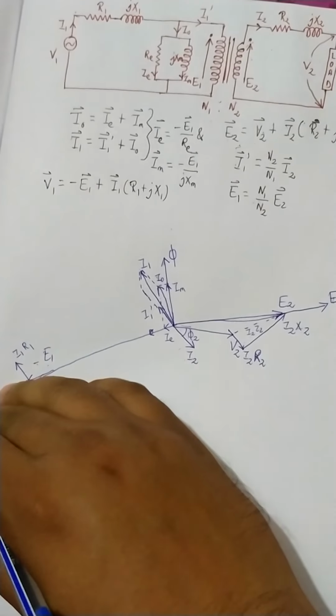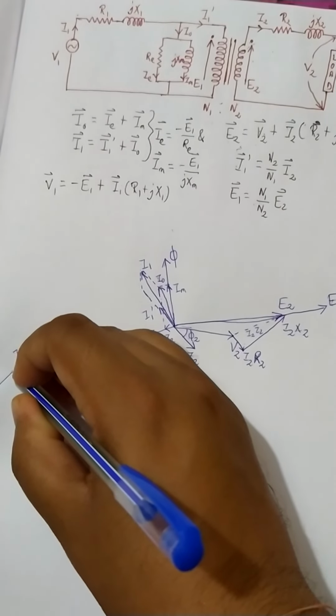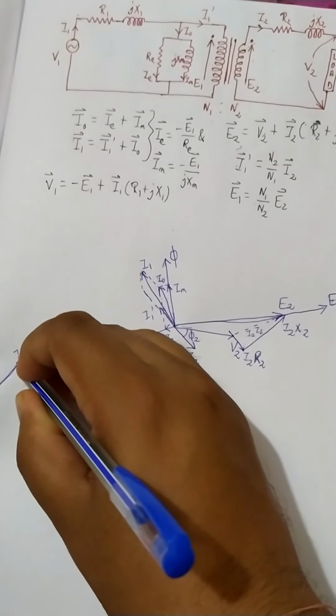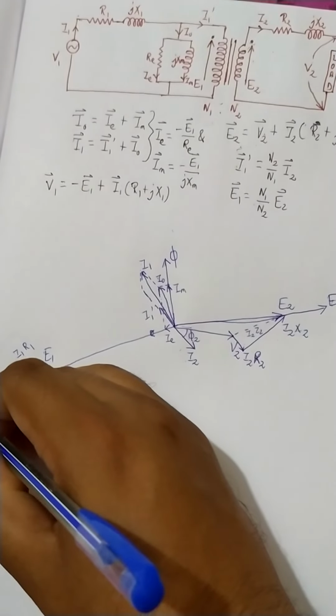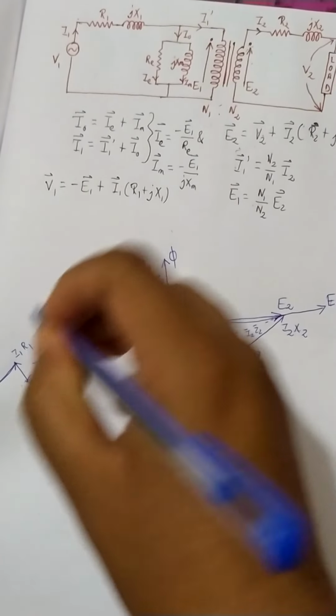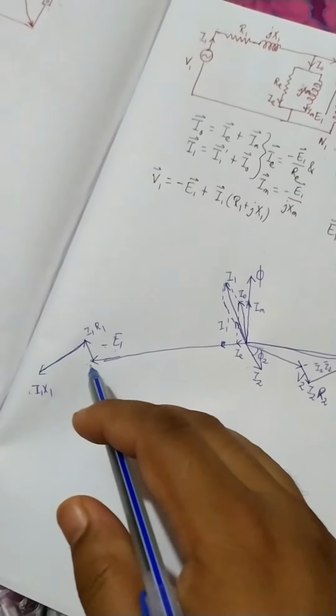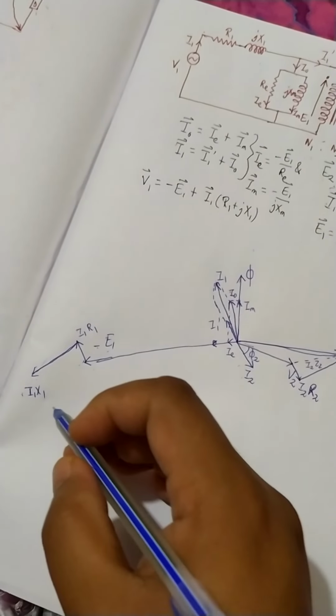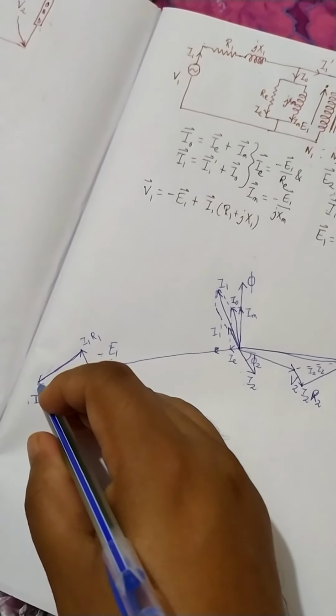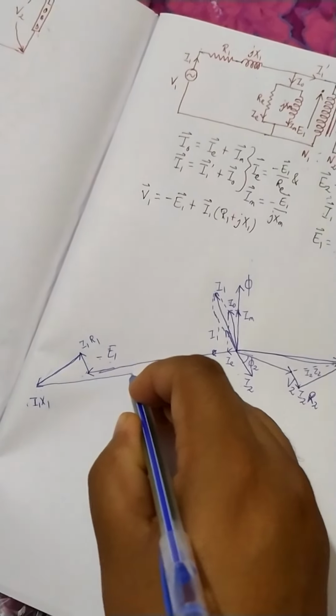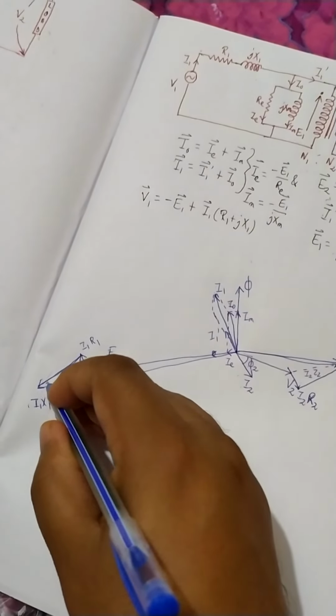Then there will be a voltage drop I1 X1 across this one. So we are drawing it in this direction. Now finally we would be joining this with this.